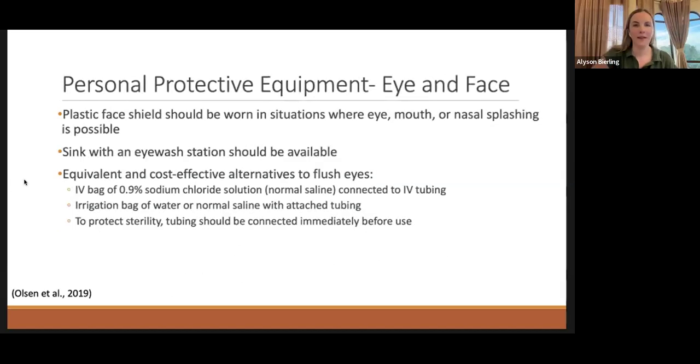How do we protect our eyes and our face from hazardous drugs? There are certain situations where we might require eye and face protection. This would be in situations where there is potential for splashing on the eyes, the mouth, or the nose.